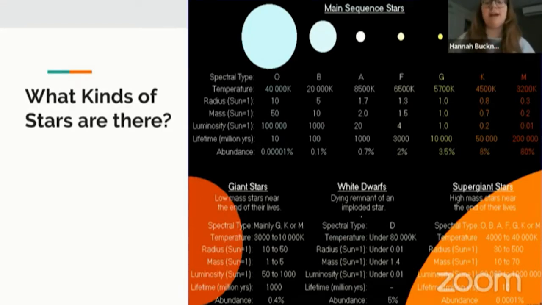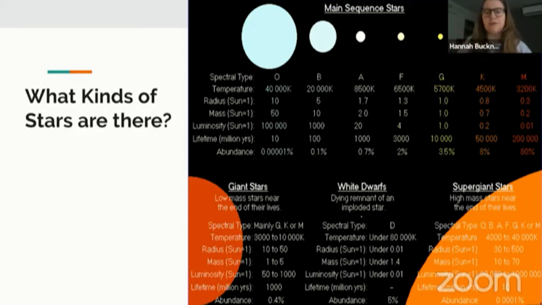So looking at an O-type, and we'll go a little bit more deep into like O, B, and A in a minute, but looking at this O-type, you can see that we list the spectral type, the temperature, the size of the star, the heaviness or the mass of the star, the brightness of the star, which is also called luminosity, and how long it'll actually live.